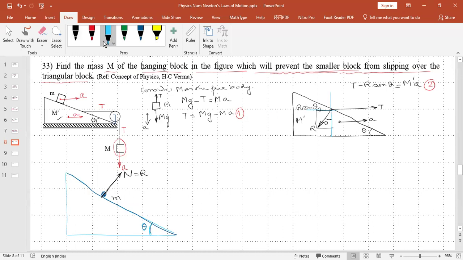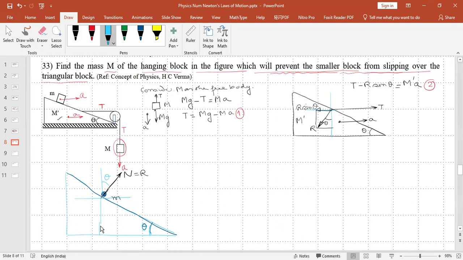Once again, then draw all the lines. This angle is theta, so this angle is theta. Right?